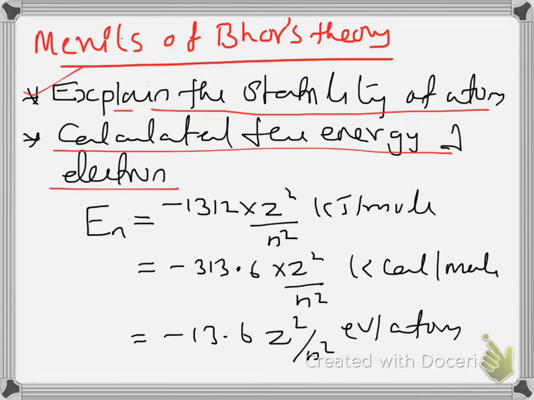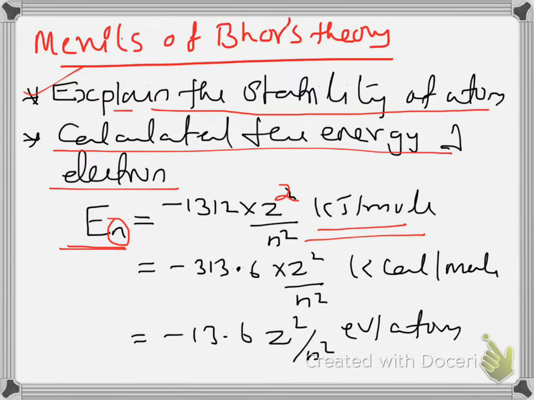where there is no chance of inter-electronic repulsion, the equation can be written as: energy of electron in the nth orbit or nth shell equals -1312 Z square by n square, if the unit is kilojoule per mole, which is the normal unit of energy.